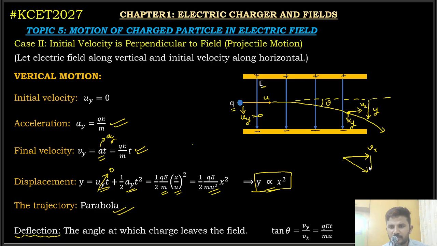If this is theta, this theta I need to find out, so I will take tan theta. Tan theta is equal to opposite by adjacent, so that is Vy by Vx. Vy is given here. Vx is just u. Velocity along the x-axis is not changing, as we studied in the previous slide. So the horizontal component of velocity here is not changing. So qE by m into t divided by u will be the tan theta.